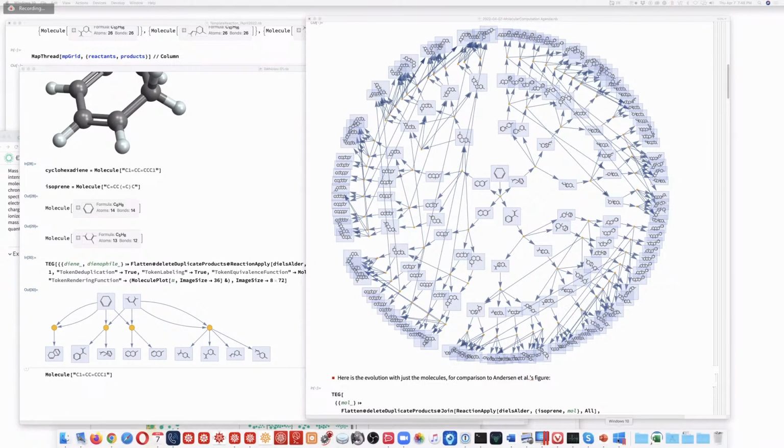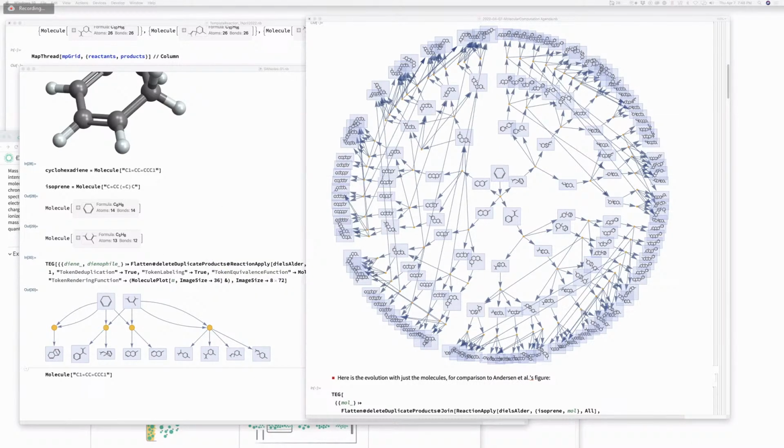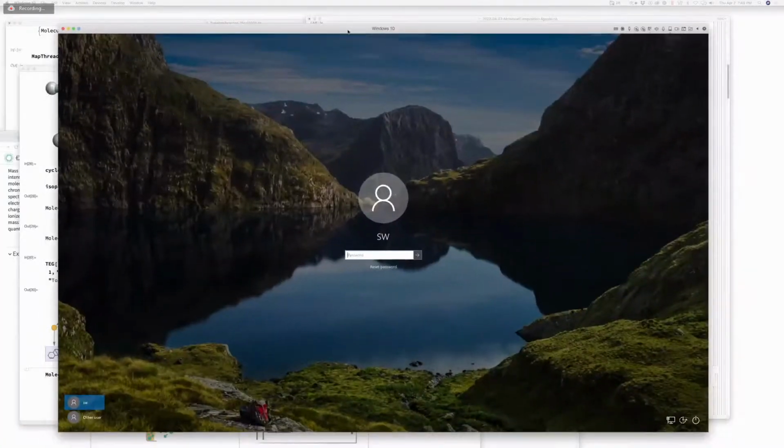Let me see. Can I start this game? Hold on one second. Nanoscape. Oh, for God's sake. My password of my virtual machine is help. That's crazy. Help is too simple, Stephen. It's getting late.